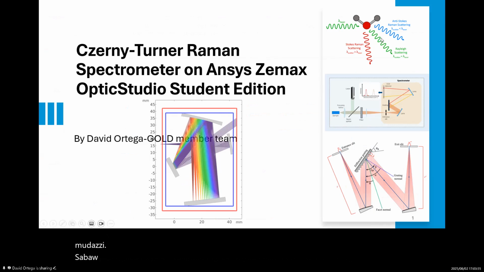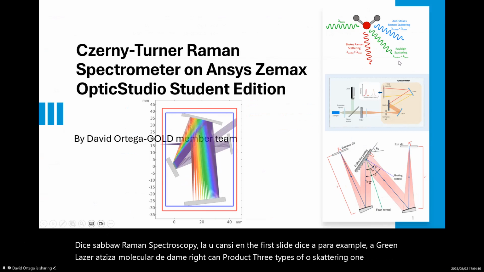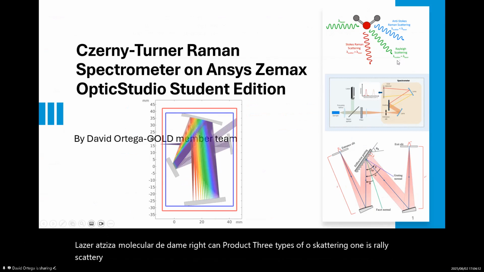Like you can see in the first slide, for example, a green laser excites a molecule that can then produce three types of scattering. One is Rayleigh scattering, when the wavelength of the scatter is equal to the wavelength of the laser.